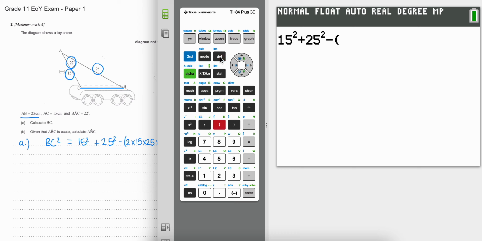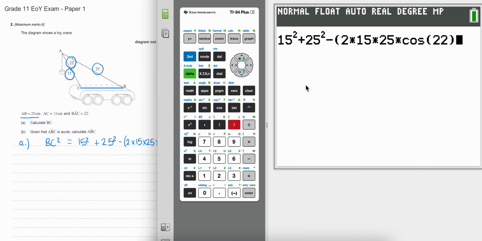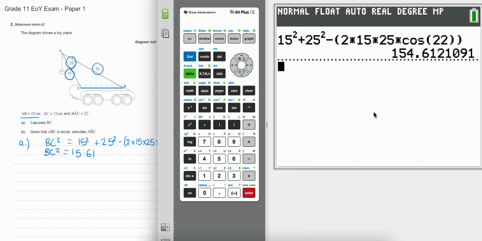Minus, and then it's 2 times 15 times 25 times cosine of 22, and making sure that your calculator is in degrees. So you can see here it says degrees, and so my answer is 154.6121, and so on. So I'm writing the full answer because I now need to square root my answer.